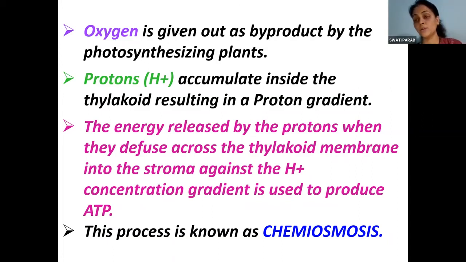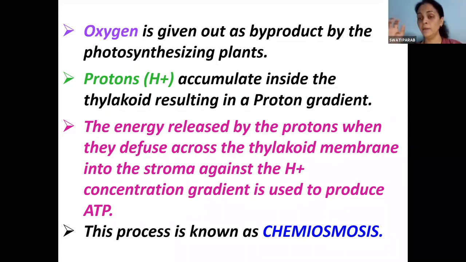Okay, और यही जो electrochemical gradient है will be used to produce ATP. Only because of this electrochemical gradient, ATP will be formed.